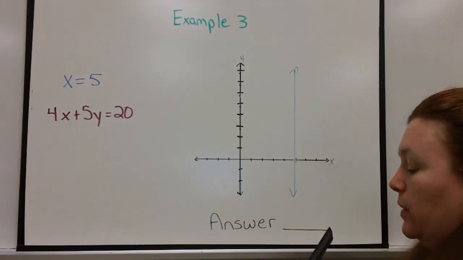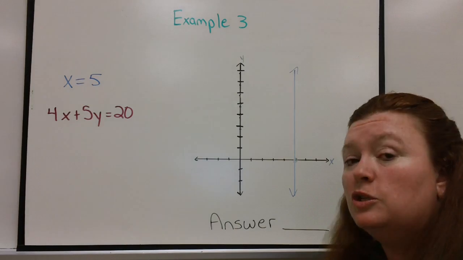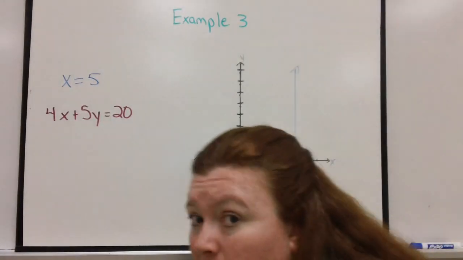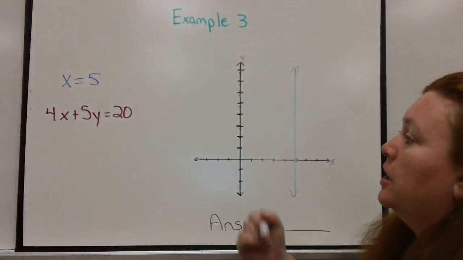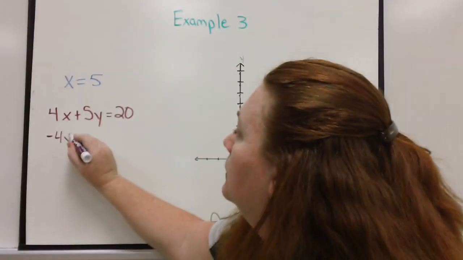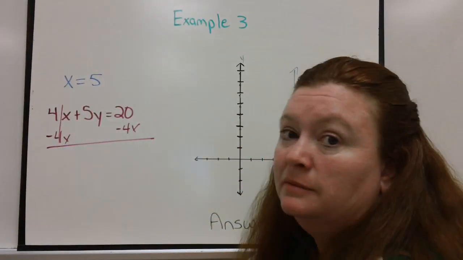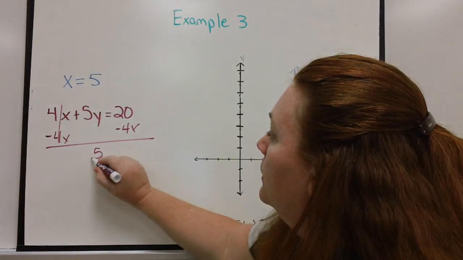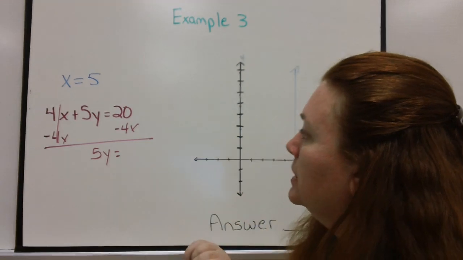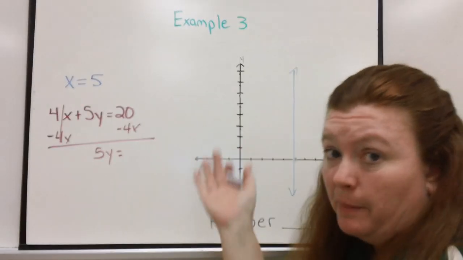Now, second equation. I need to solve for y. I need to put it into y equals mx plus b format. So I'm going to subtract 4x from both sides. These cancel, and I'm left with 5y equals, and these cannot combine. This is a 20 and a 4x. You cannot put them together.